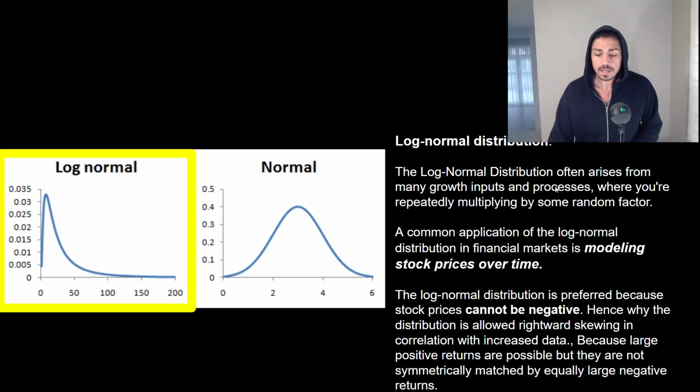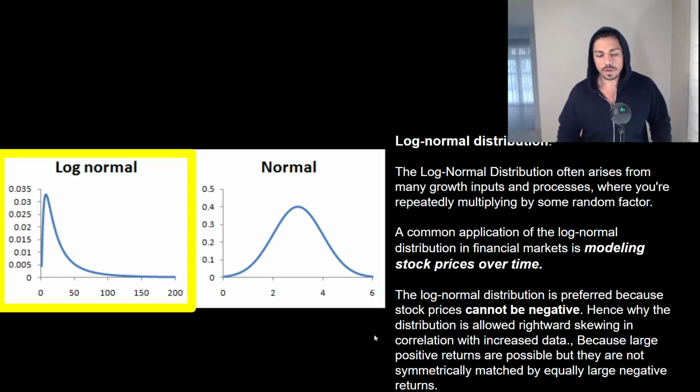Log normal. This is really interesting. A log normal is typically used in financial markets for modeling stock prices over time. A log normal distribution is preferred because stock prices cannot go negative. Hence why the distribution allows a rightward skewing in correlation with increased data.